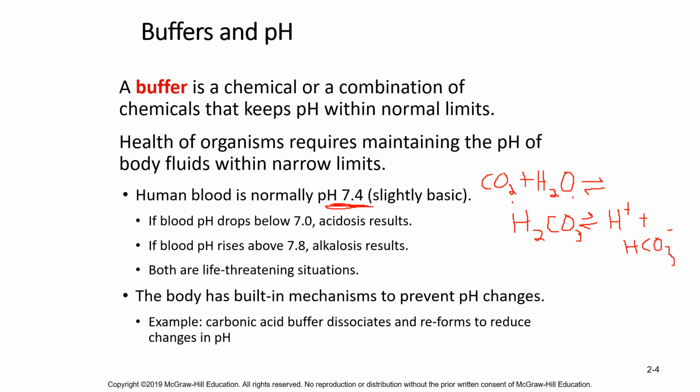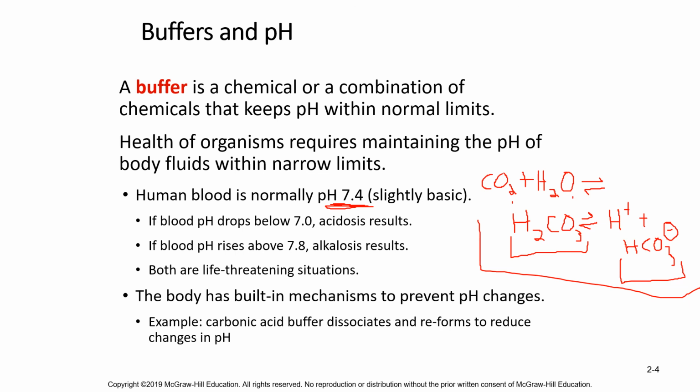And also, I don't have bicarbonate memorized. I just subtract 1 H from this, and the rest is bicarbonate. I just got to remember to do the minus sign, and that's pretty much it. So this is your buffer system in your blood.